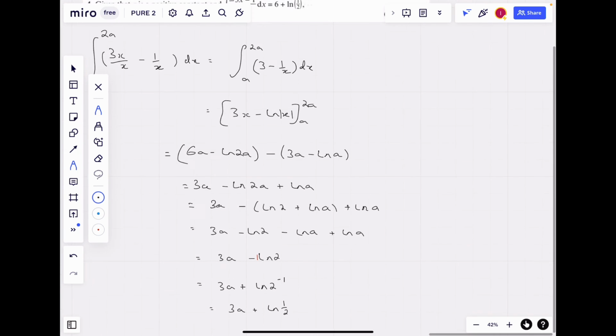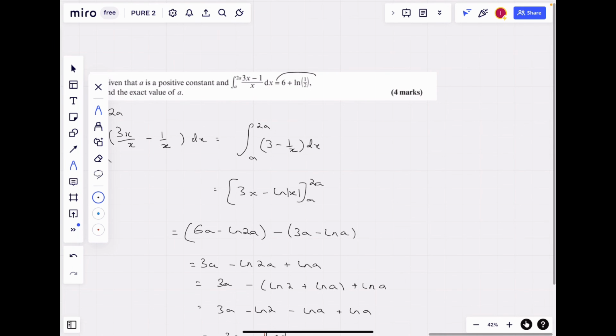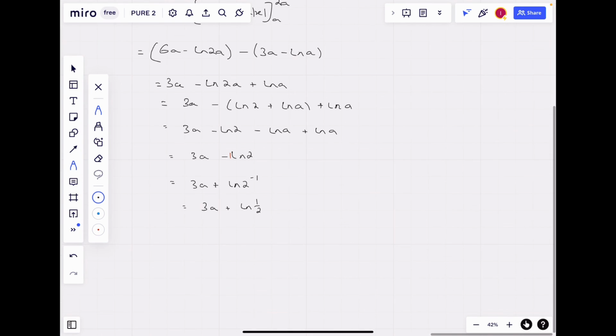And that is all equal this. So let's move the equals here. 6 plus ln half. Which means a equals 2. Because these two terms are the same and these two terms are the same. A has to equal 2 in order for the two sides to be the same.